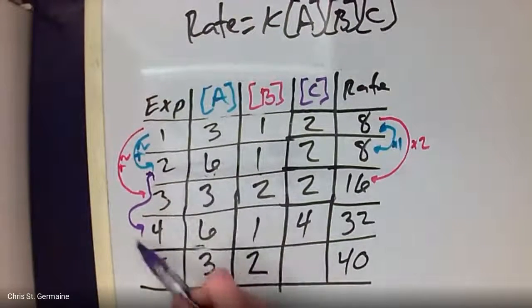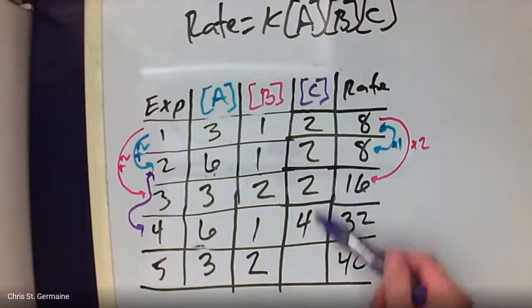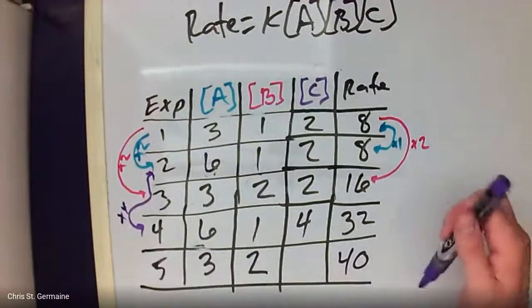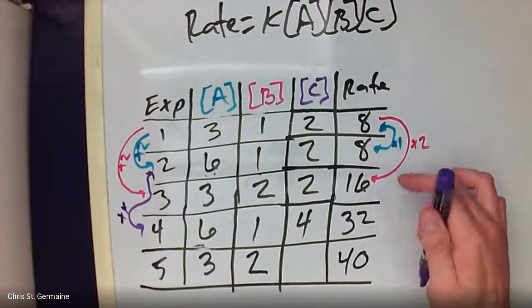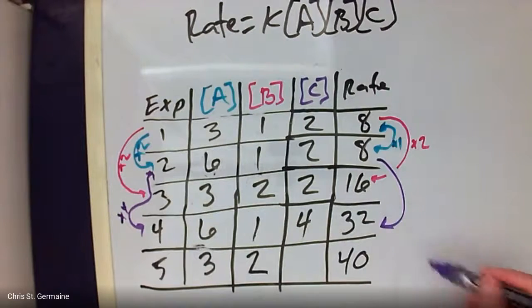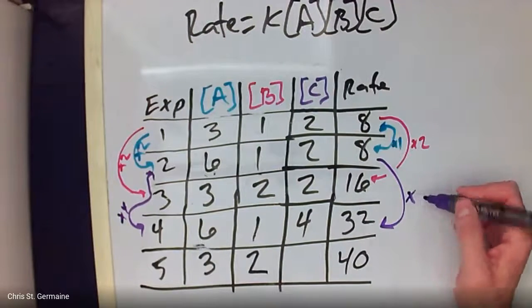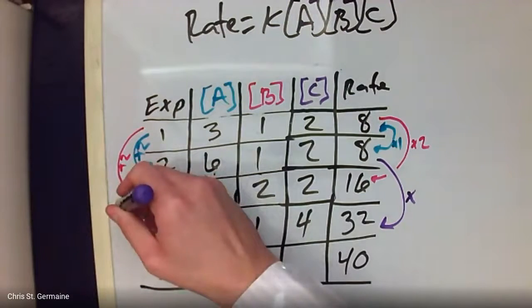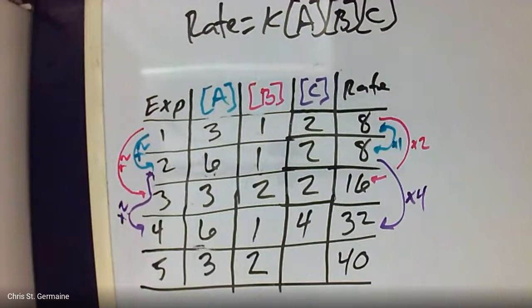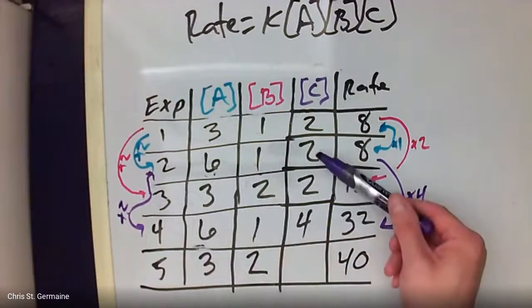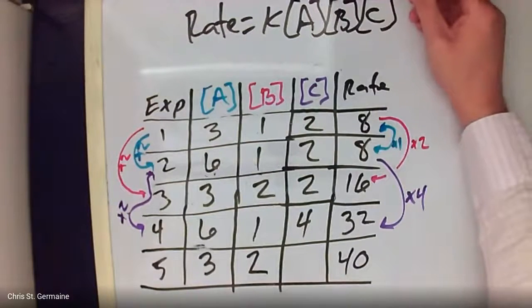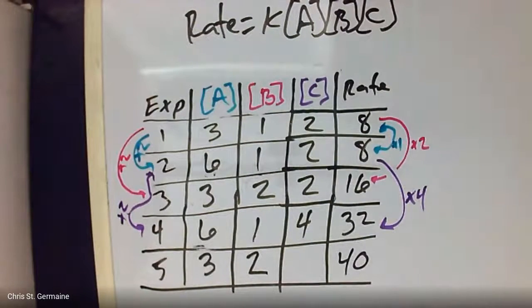Going between 2 and 4, I wrote times 4, but it should say times 2. I was thinking about this one. So since when you doubled C, you quadrupled your rate, C is second order.